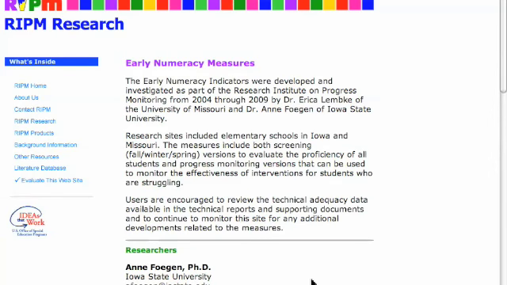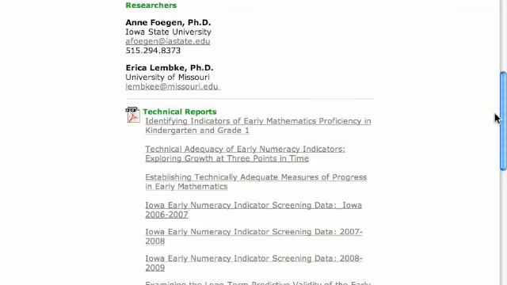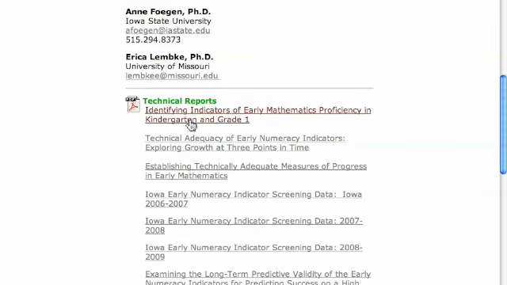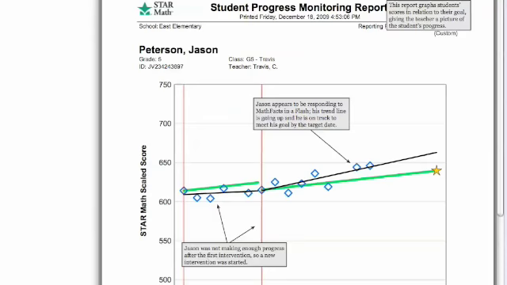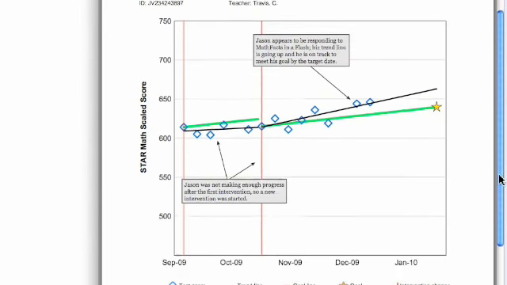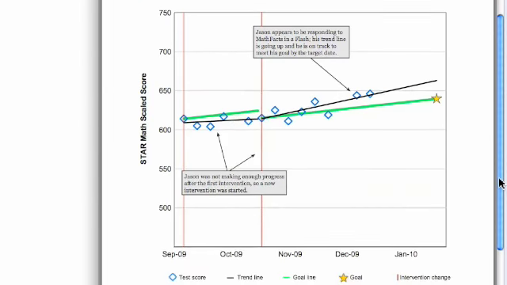So to summarize, what we need is probes of early numeracy measures, which are pretty straightforward, and the research data is all published and on the web, so this is definitely possible. Then we need the graphs and reporting to communicate the information to the teachers and to the school.